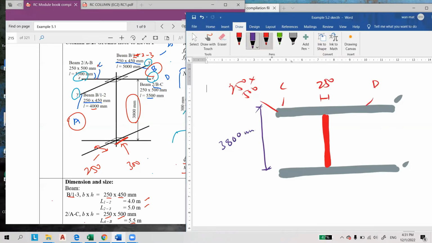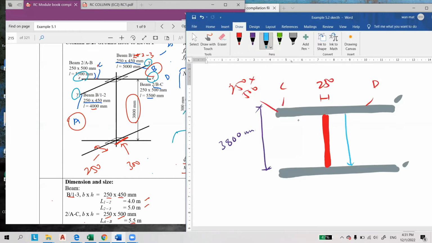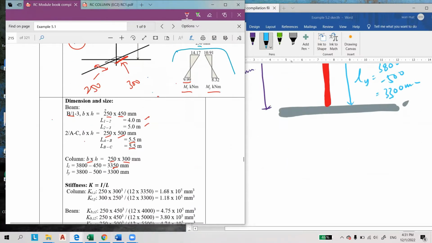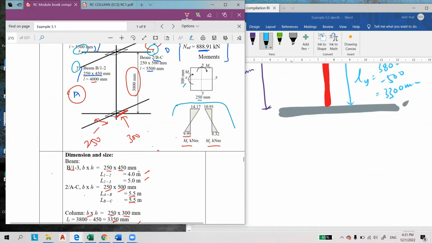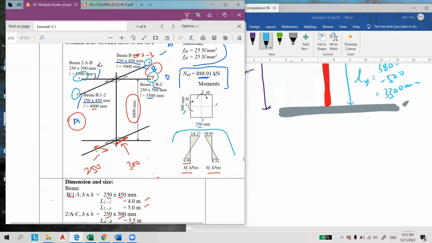So the value of Ly is equal to 3,800 minus 500 equal to 3,300 millimeter, as shown in these calculations. I hope you can understand how to differentiate the LZ and Ly.